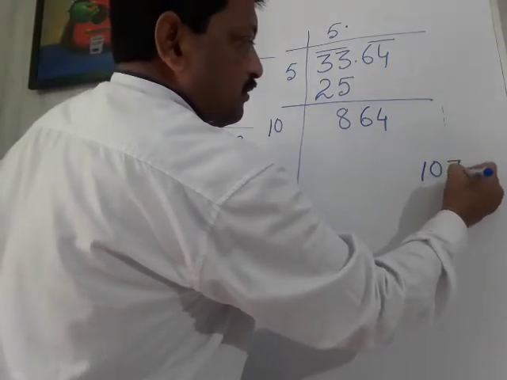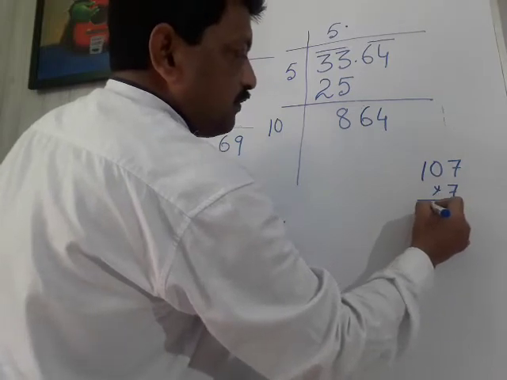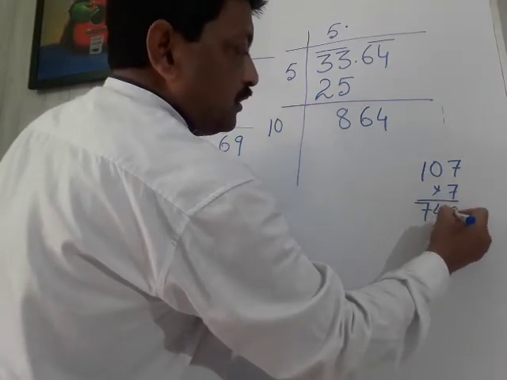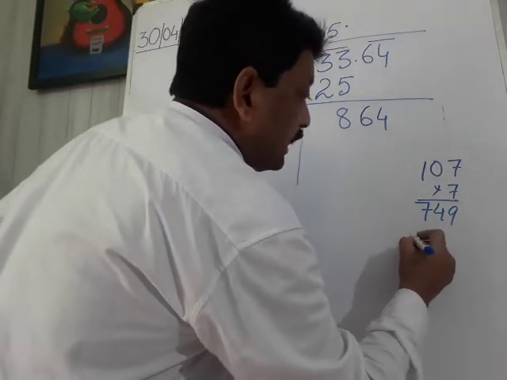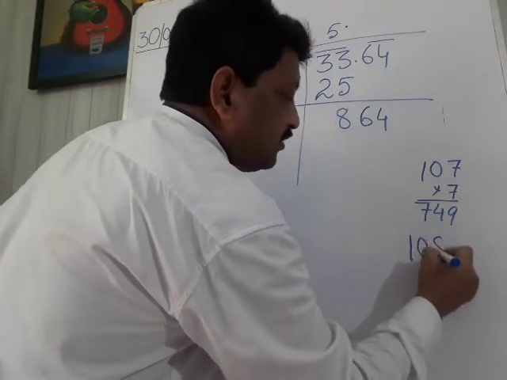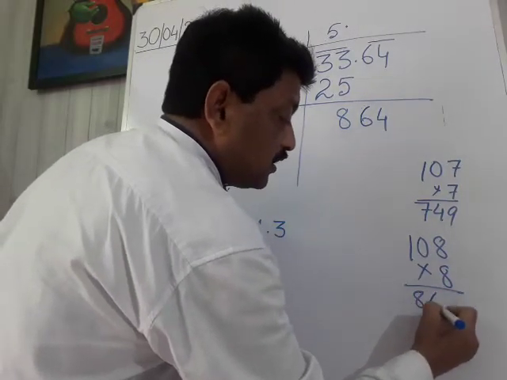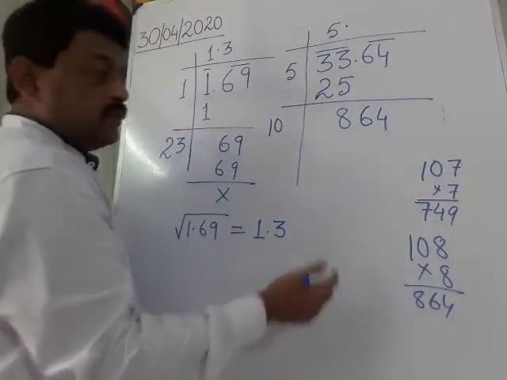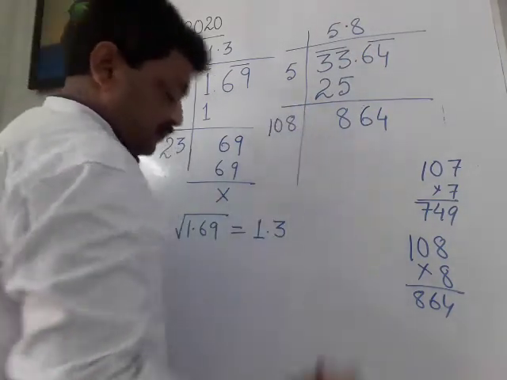So let me try with 7, a bigger number because it is 800. So it is 749. Still we can move further. Let me try with 8. So it is 864. See, this number is matching. That means we have to put here 8 as well as 8 here also.